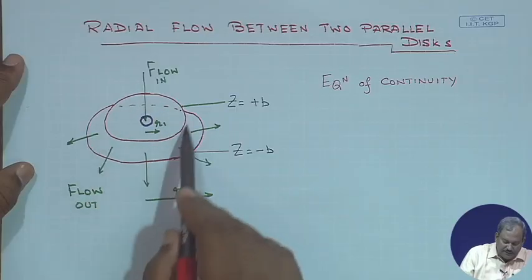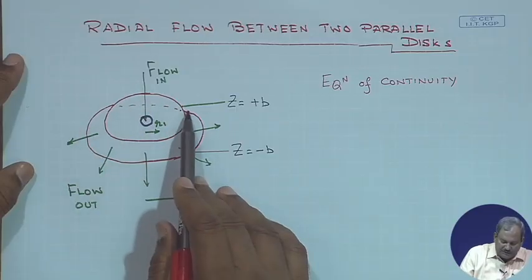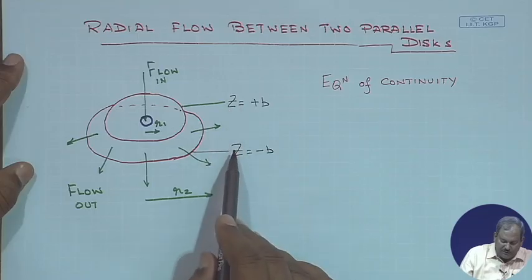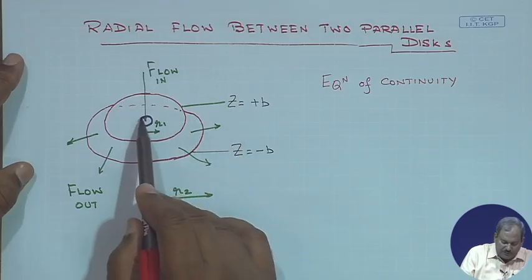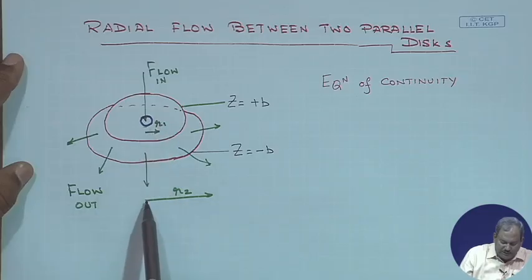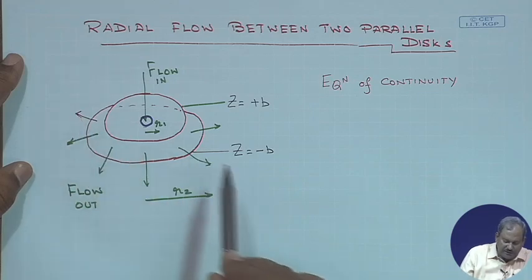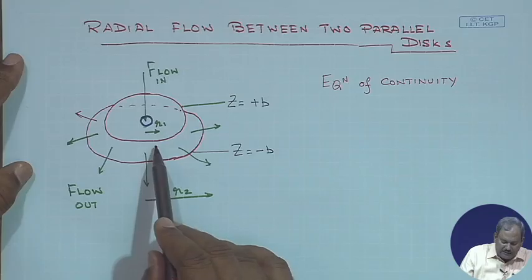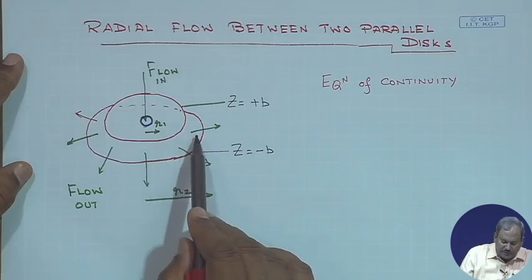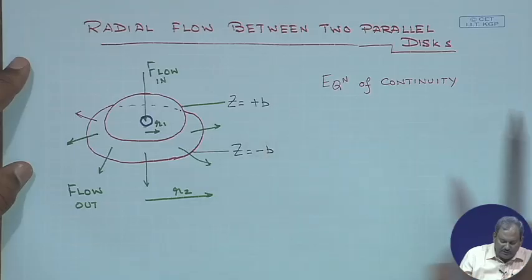So as I said, the top disc and the bottom disc have a separation of twice b in between them, and the flow comes in through a hole whose radius is equal to r1. The radii of both the discs are equal to r2, and the flow is moving radially outward. As the flow comes towards the outer edge, the cross sectional area increases, so the velocity reduces.